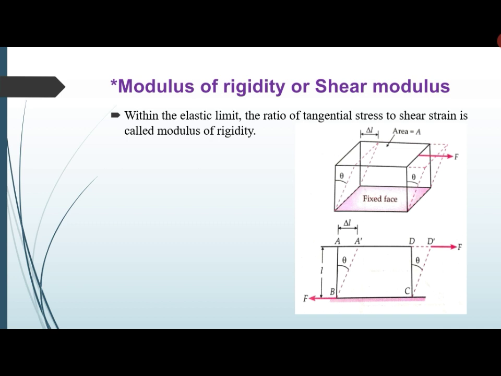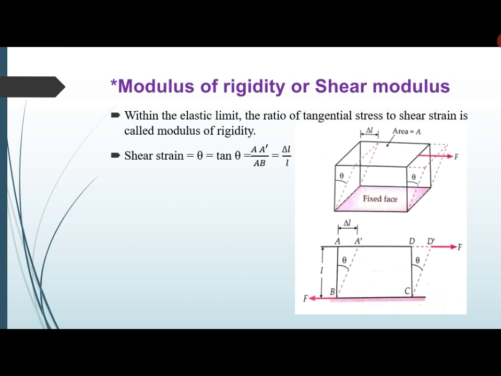This is the definition for the shear modulus: within the elastic limit, the ratio of the tangential stress that we are applying to the shear strain produced is known as the modulus of rigidity. Now you can write that shear strain equals this angle ABA dash, theta, because the change is in angle when we are applying the tangential force over the surface of this object.